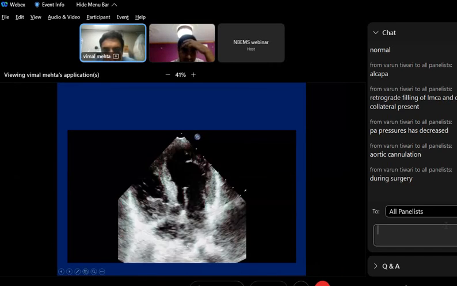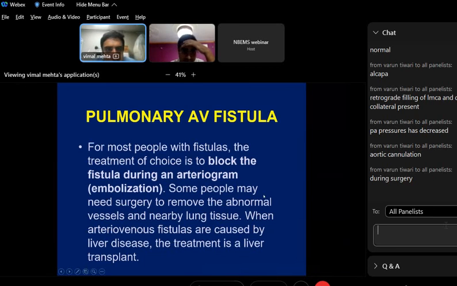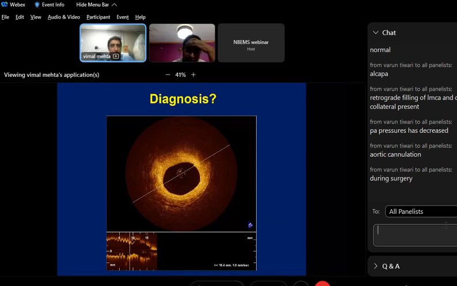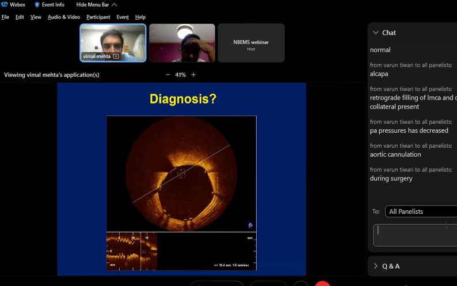So this is either a pulmonary fistula, because it is after this. So pulmonary fistula is the correct answer. So what is the treatment of choice? Embolization, but many patients will require surgery, and many patients may still be untreatable, the reason being that there are so many of them. There are sometimes hundreds of AV fistulas. Nevertheless, so tell me the diagnosis.